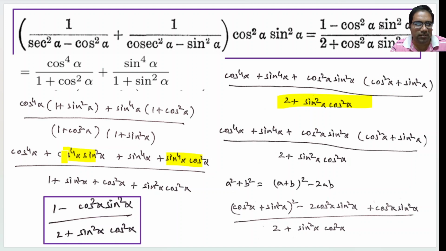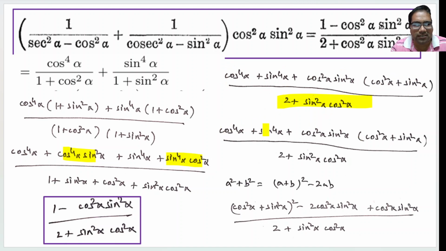If we take cos square sine square from cos power 4 sine square, we will be left with cos square. Similarly, from the other term we will be left with sine square. But again, cos square plus sine square is equal to 1, so we can ignore this. So we'll be left with cos power 4 alpha plus sine power 4 alpha plus cos square sine square alpha. This is anyway 1.